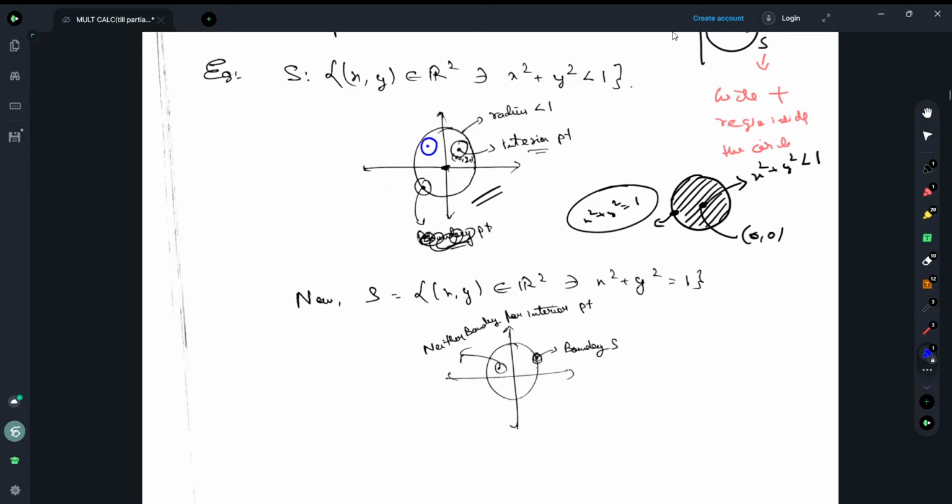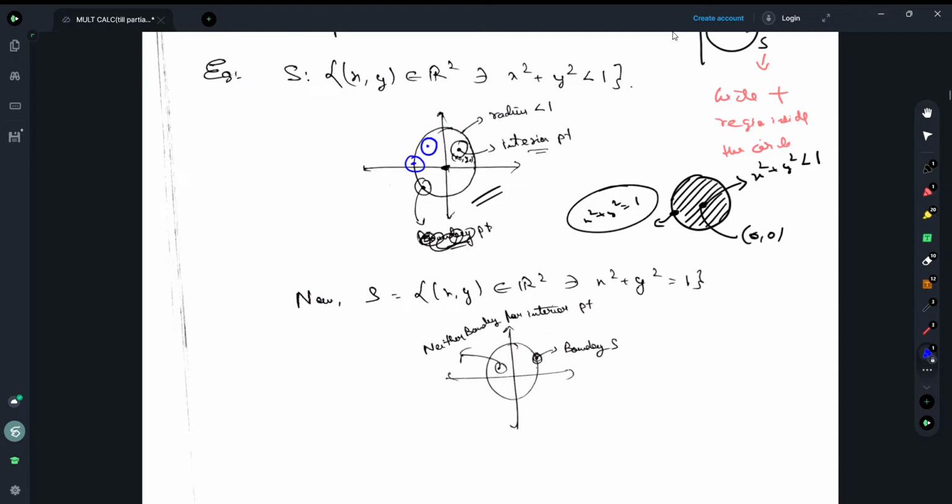But since the boundary of this region is not existing, we cannot take a point on the so-called boundary of the region as in the diagram and call it a boundary point, because this boundary is not even existing, right? Got it?